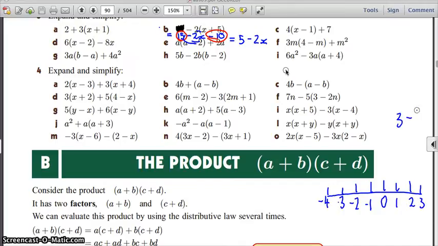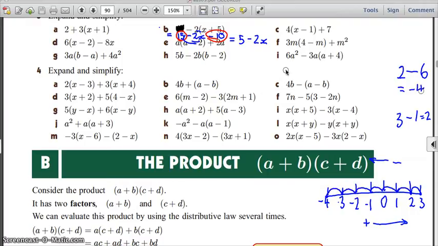If the question was 3 take 1, you're starting at 3 and you're taking 1, your answer is 2, which is obvious. When we take, we go this way on our number line. When we add, we go that way. So when we're given a question of 2 take 6, we can use our number line: 2, 1, 2, 3, 4, 5, 6.